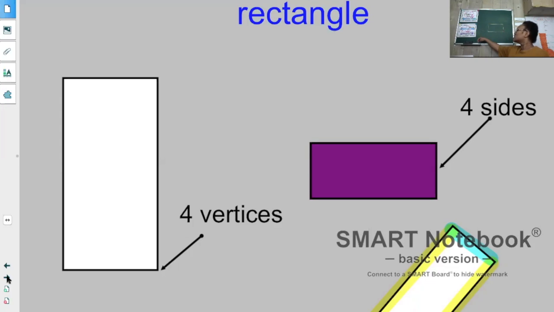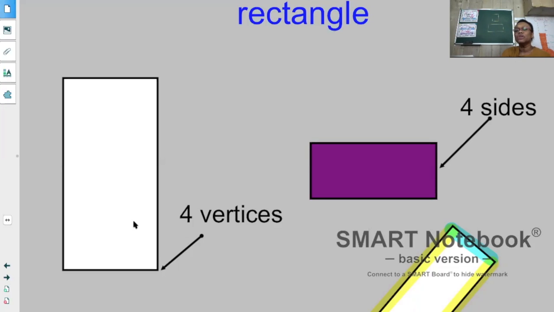Well, wait, there was another figure that had 4 corners and 4 sides as well. And that was the square. The square also had 4 corners and 4 sides. So what is the difference between a square and a rectangle?